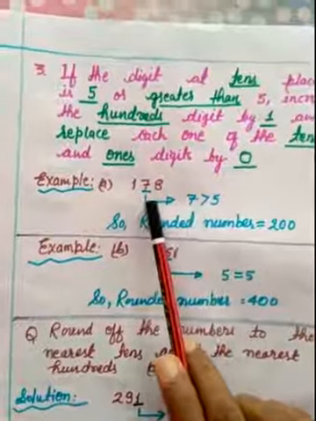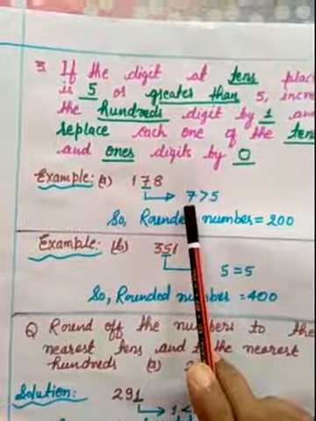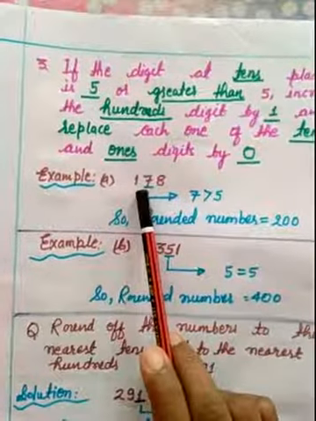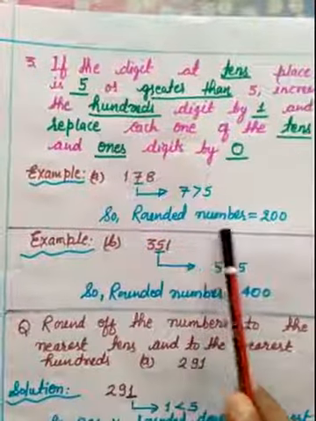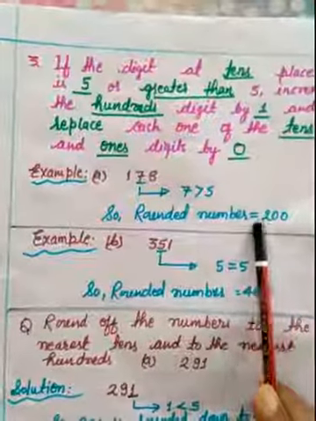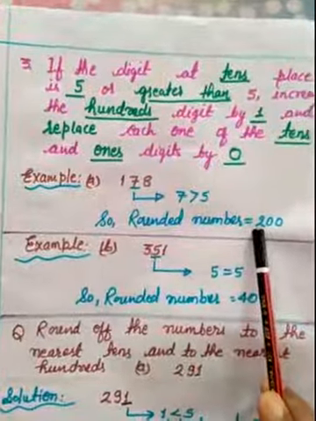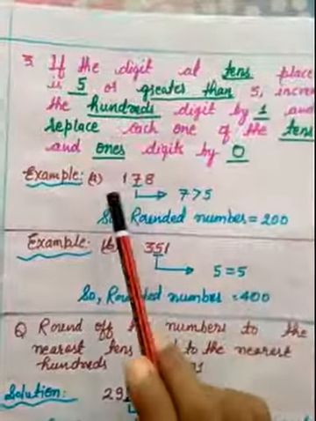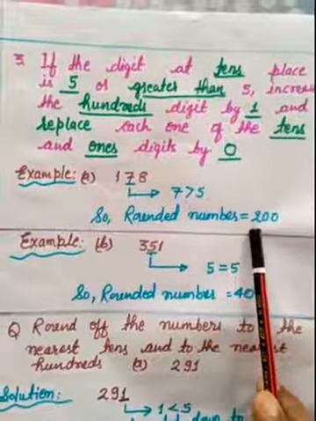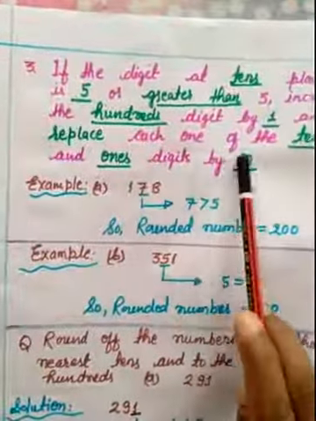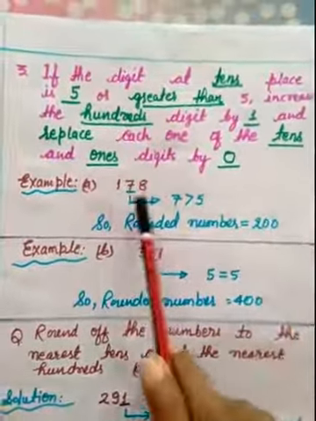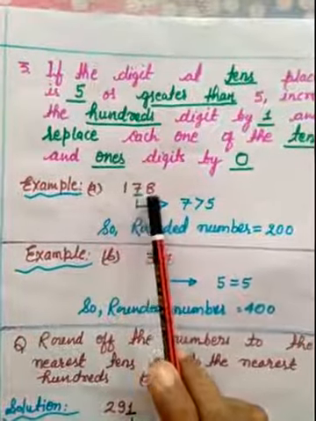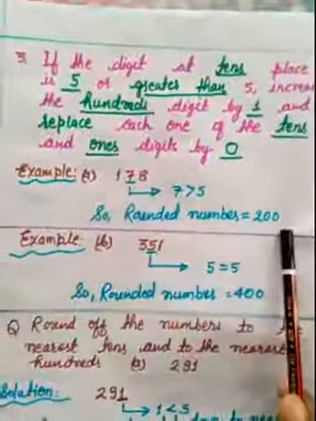So we increase the 100 place digit by 1, so 1 becomes 2, and replace each one of the tens and ones digits by 0.